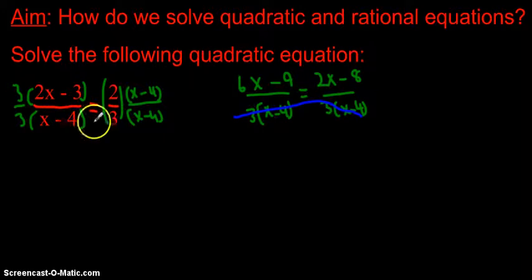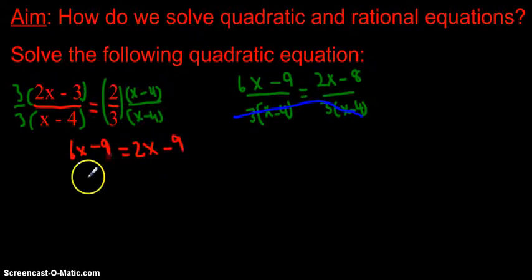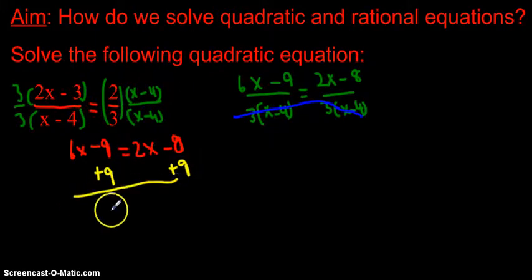So now we have 6x minus 9 is equal to 2x minus 8. Let's solve the equation. We will add 9 to both sides. Well, I wrote that down incorrectly. That would be an 8. Add 9 to both sides, and we get 6x equals 2x plus 1.